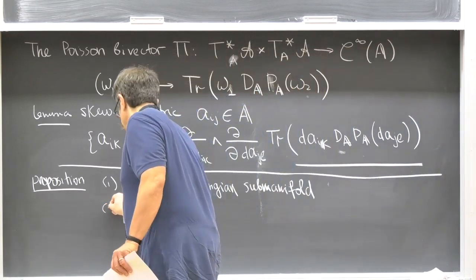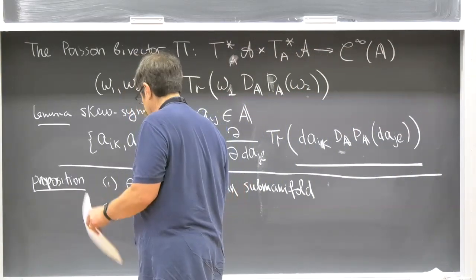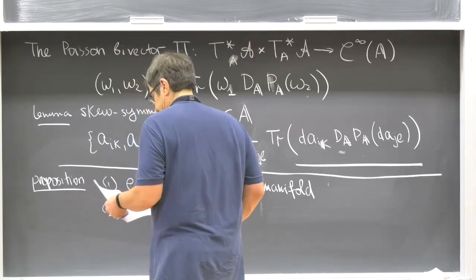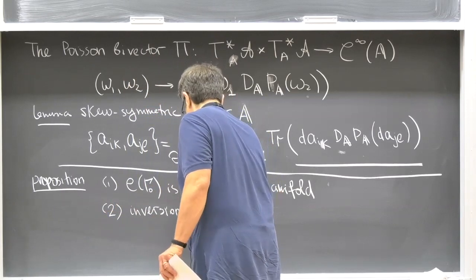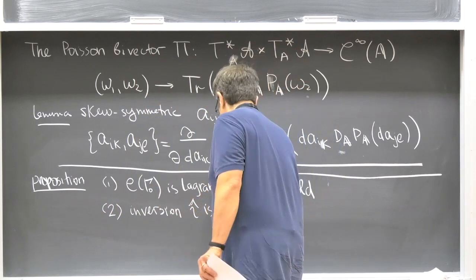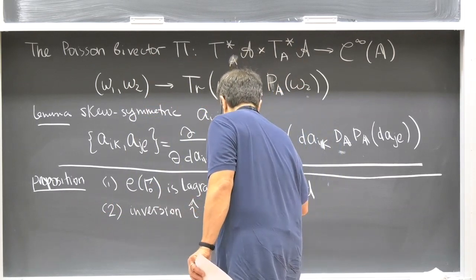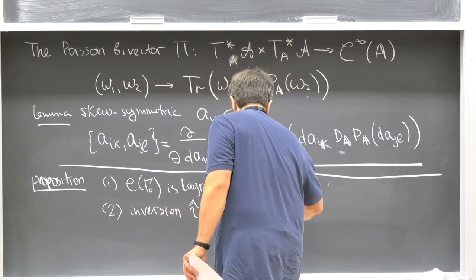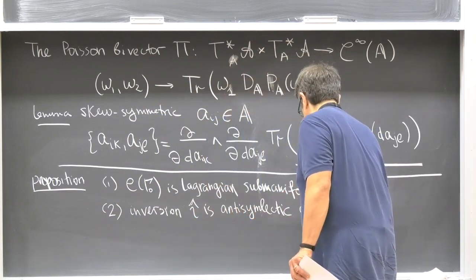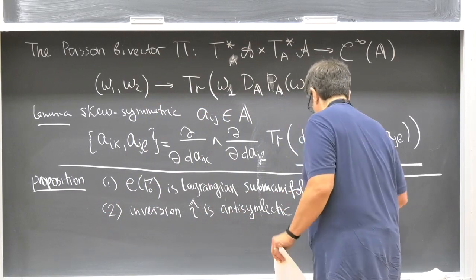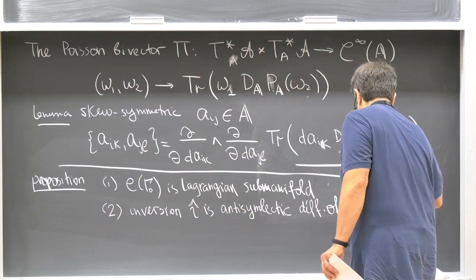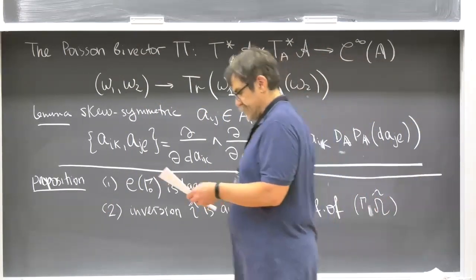Second, we have that inversion I is an anti-symplectic diffeomorphism of the corresponding pair (Gamma, omega twiddle).